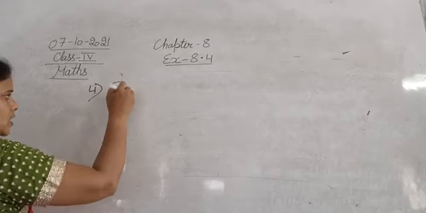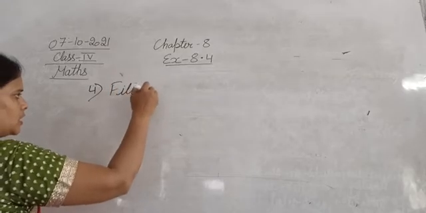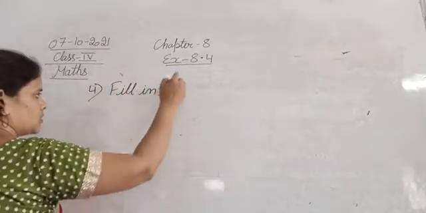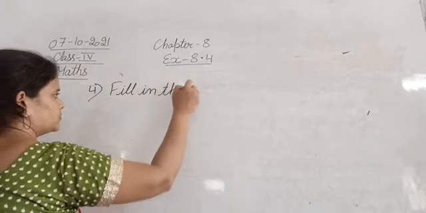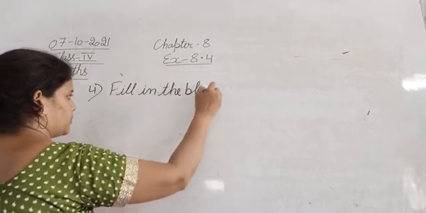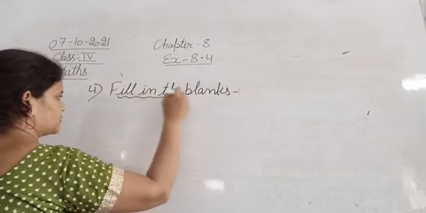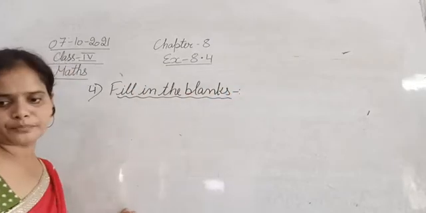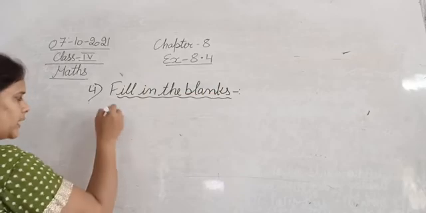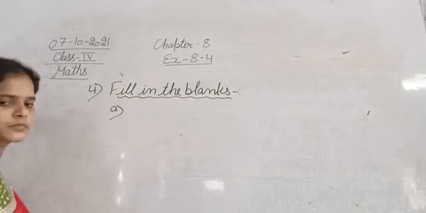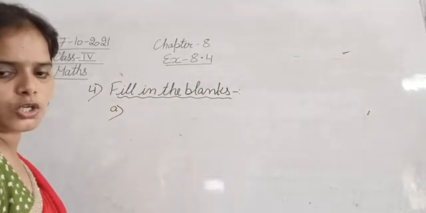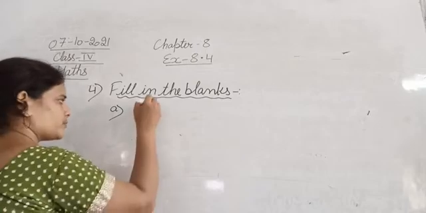That is fill in the blanks. Okay, so the A part is 1 upon 3 is equal to 24 upon dash.